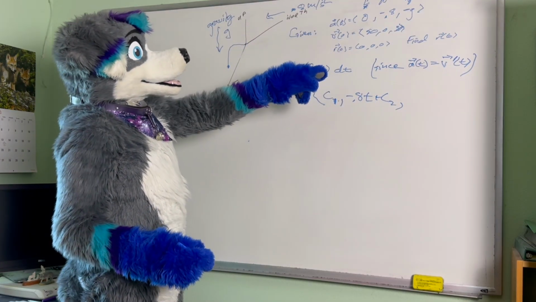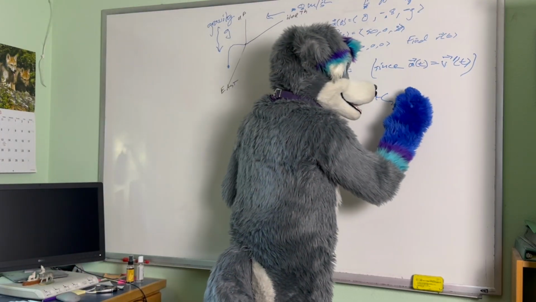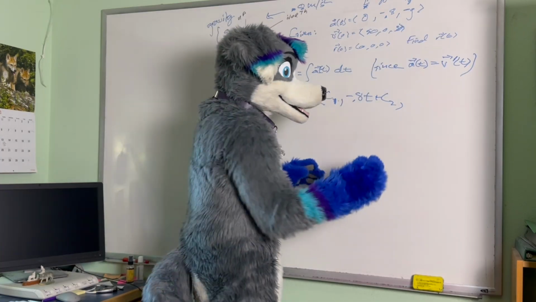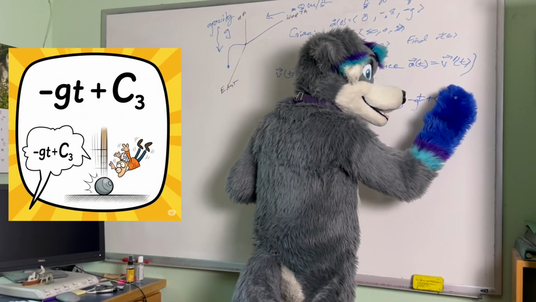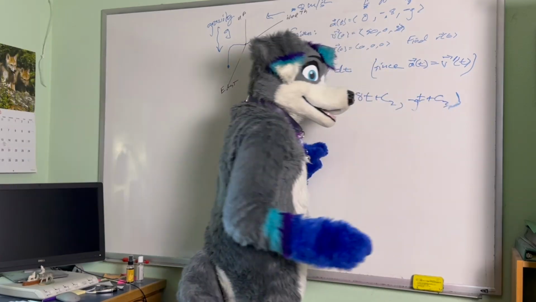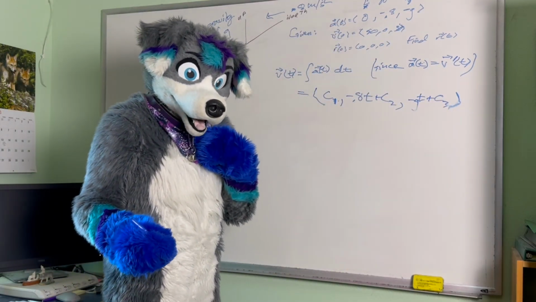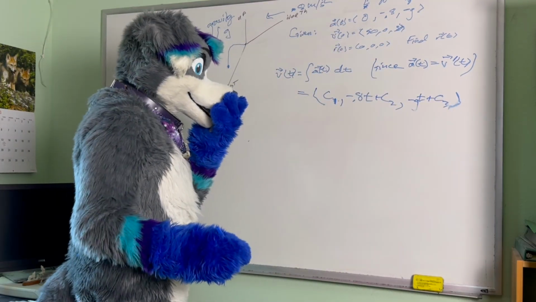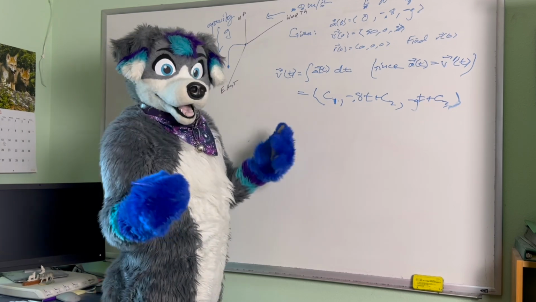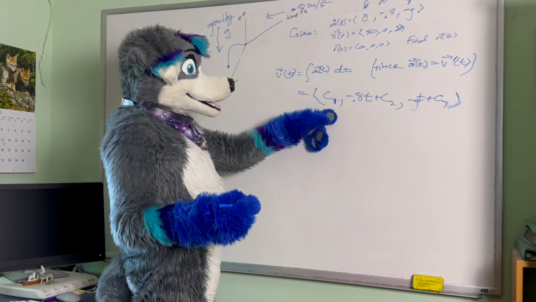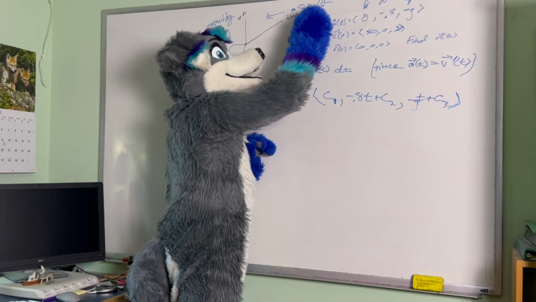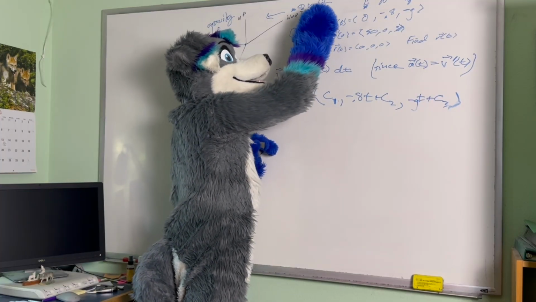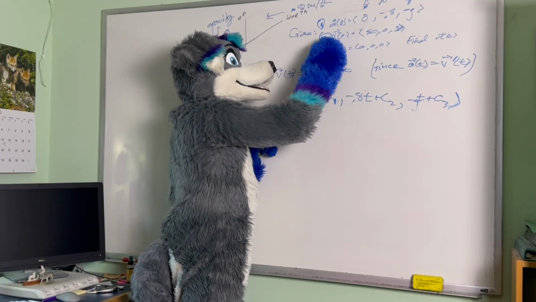And the integral of negative g, and we'll put numbers in for g in a second, is negative gt plus C3. Sorry for my horrible writing. I'm just a pup. I never learned to write too well. So we can now solve, just like any good initial value problem, for C1, C2, and C3 using, I'll go ahead and label these number 1, number 2, number 3.